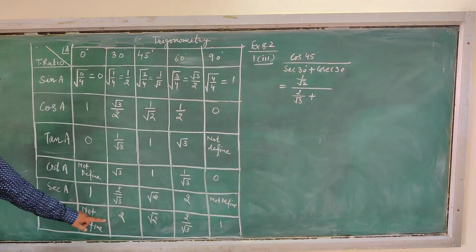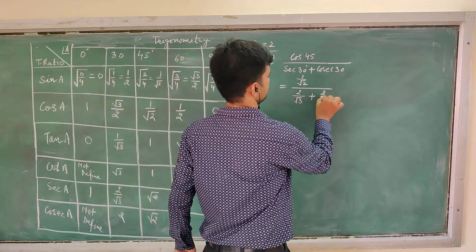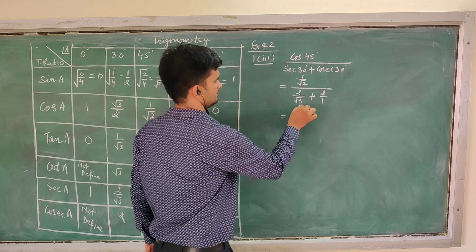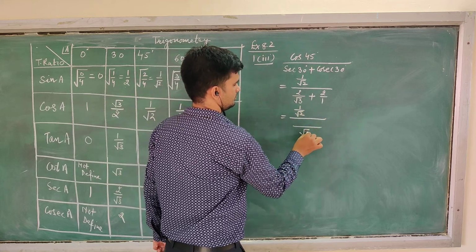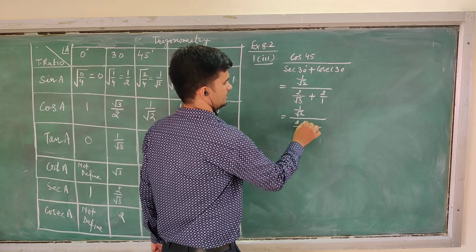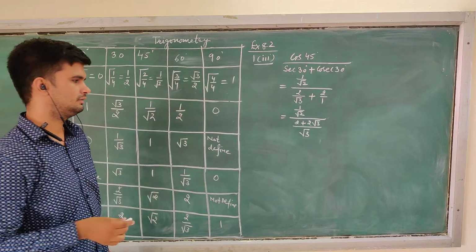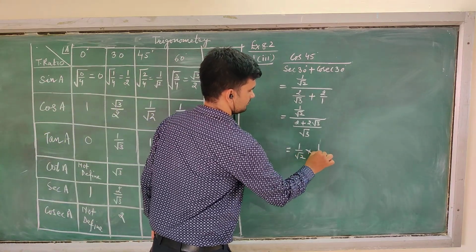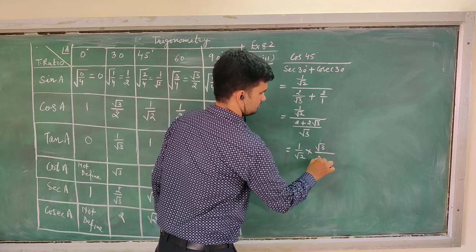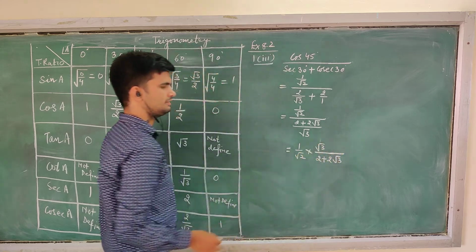Cosecant 30, see here cosecant 30 is 2 by 1. Root 3 LCM, it will become 2 plus 2 root 3. 1 by root 2 into root 3 plus root 3 upon 2 plus 2 root 3.